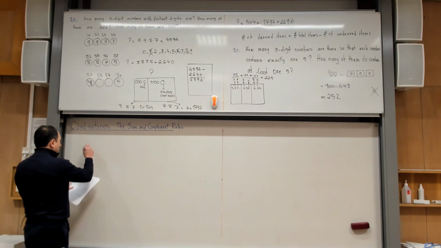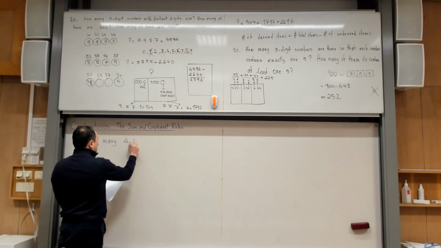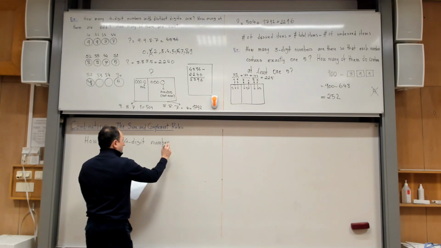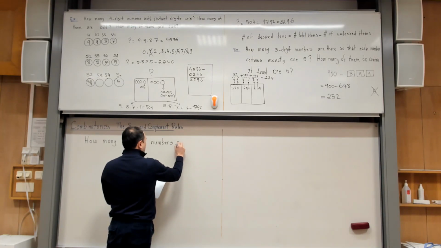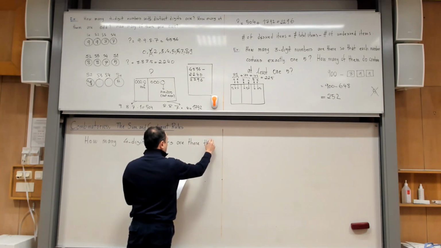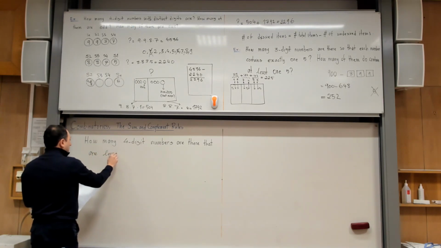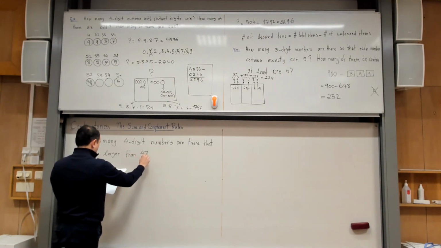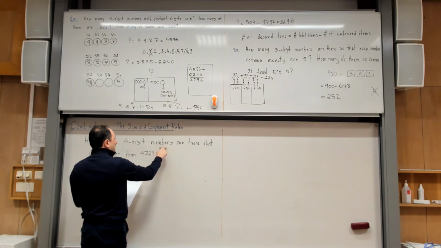So how many 4-digit numbers are there that are larger than 4,721 with distinct digits?